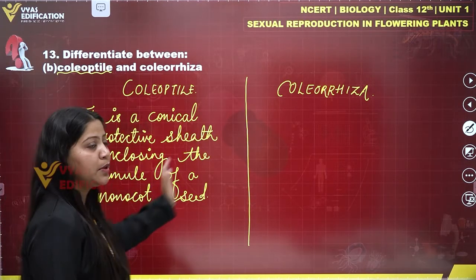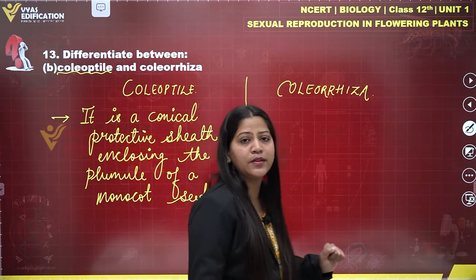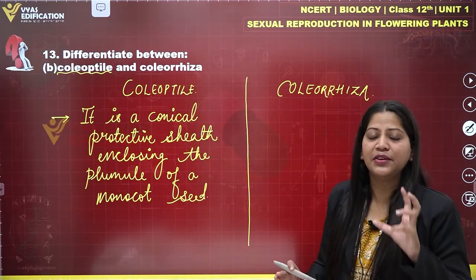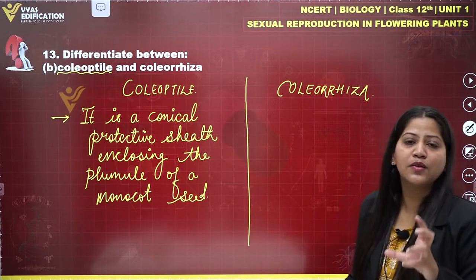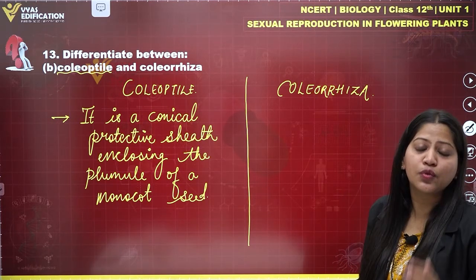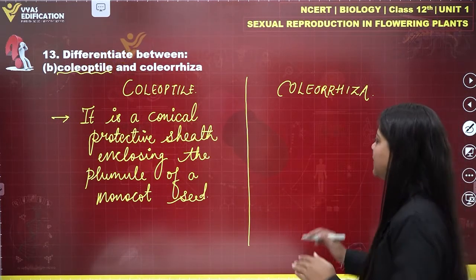Alright, coming on to the coleorrhiza. What is coleorrhiza? It is also a protective covering which is enclosing the radicle as well as the root cap in the monocot seed.